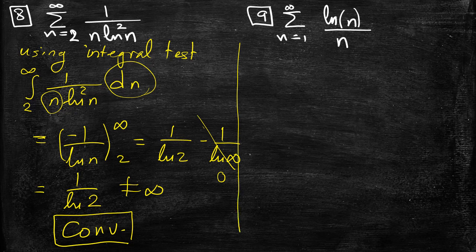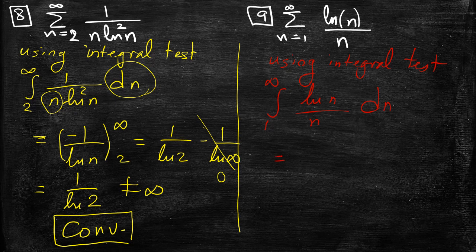Let's move to the next one, number 9. It's ln n over n. Again, this looks very interesting. We use the integral test, as we did previously: integration from 1 to infinity of ln n over n dn.